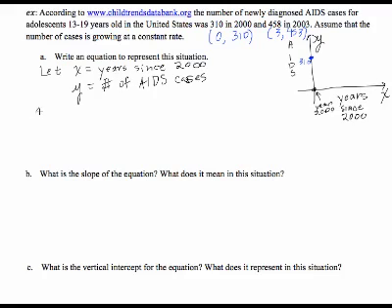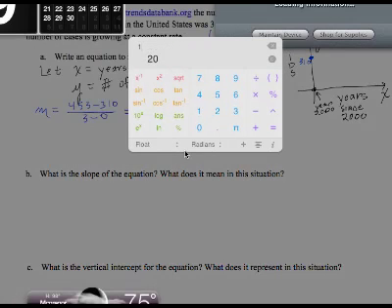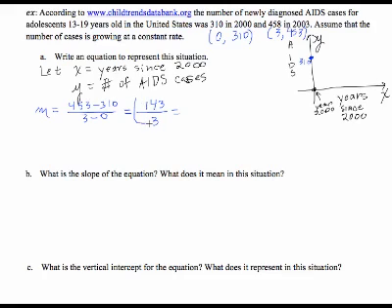So slope is y2 minus y1, so 458 minus 310, over x2 minus x1, which is 3 minus 0. 458 minus 310, you can do this without a calculator. 3 minus 0 is 3, 5 minus 1 is 4, and 4 minus 3 is 1, so 143 divided by 3, which is not an exact number. Okay, so let's just leave it as 143 over 3.